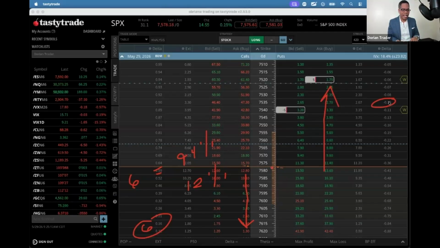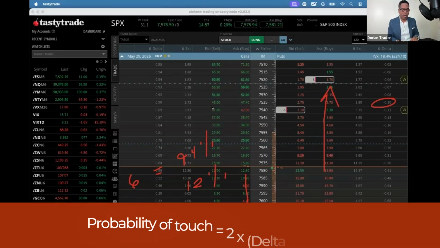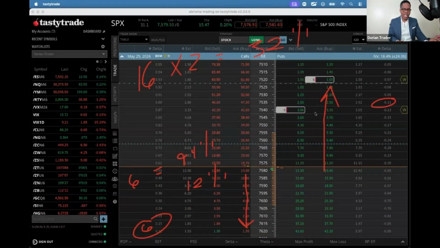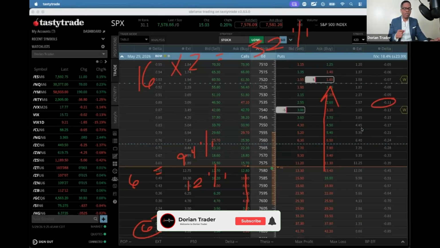And so you take the 10 on the put side, take the 6 on the call side, you add that up, that's 16. And then if you times that by 2, that would equal a 32% chance that touches. Okay. A 32% chance it touches one of the sides. So you want to understand that. Because here at Dorian Trader, we consider the probability of touch as the probability of having to adjust.